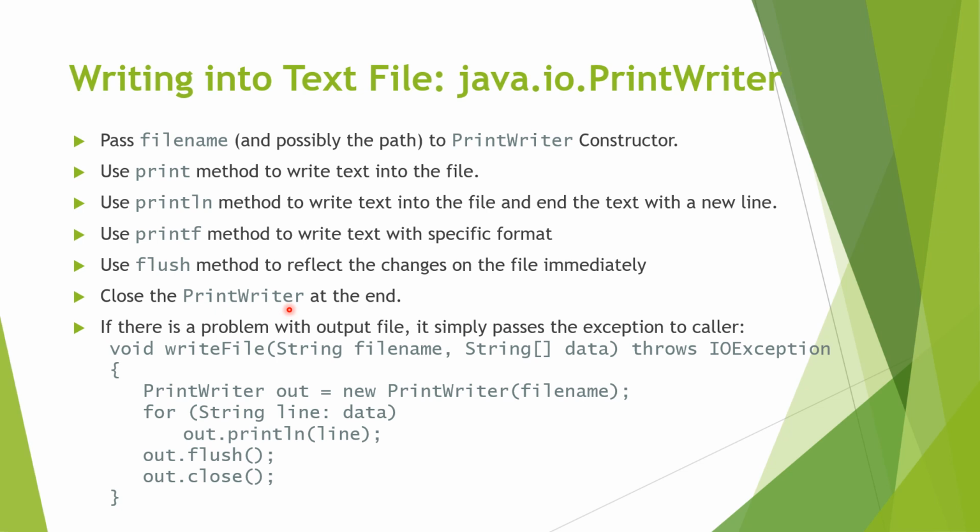I have created this method. This is a method that allows you to either open an existing file or create a new file and write some data into the file. The write file method gets a string file name and an array of strings.